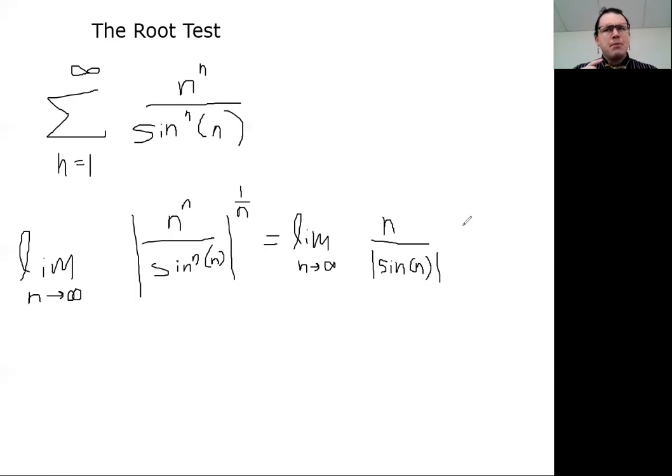So this does raise a question. Could I be dividing by 0 here? I wouldn't like that. I could do it once or twice, because in the limit, I only care about what happens as n goes very large, but still of some concern. Fortunately, I know exactly where sine is going to produce an output of 0. And that's only when the input of the sine function is a multiple of pi, right? 0, pi, 2 pi, 3 pi, 4 pi, and so on.